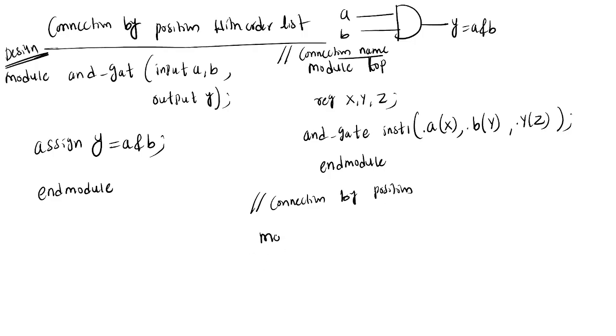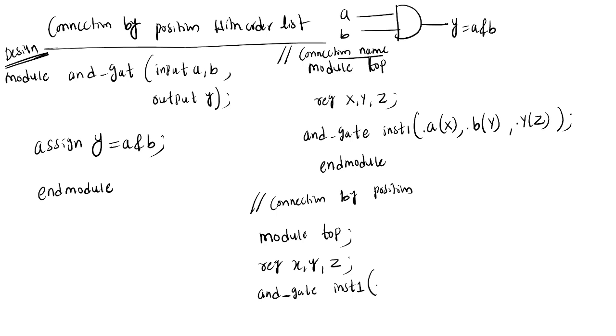Module top. I can declare wire or reg; it can be a wire or reg data type. I am using reg data type: x, y, z. Now I am instantiating this design. and_gate is my design name, followed by the instance name, inst1.